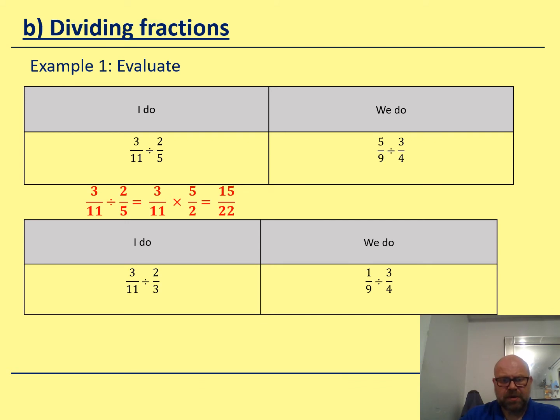So to help you remember that, we've got a little thing called KFC. Keep the first, flip the second, and change the sign. So keep, flip, change. Keep the first fraction, flip, or find the inverse, and change the sign.